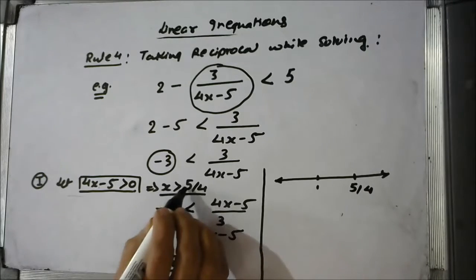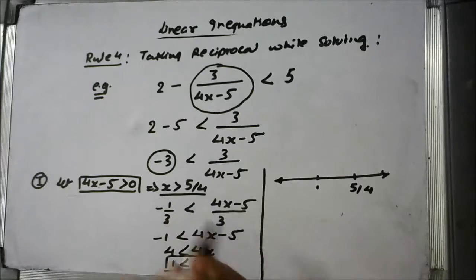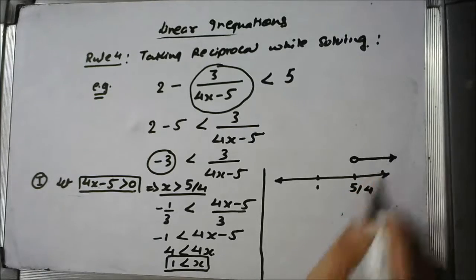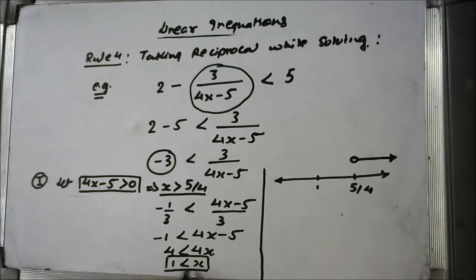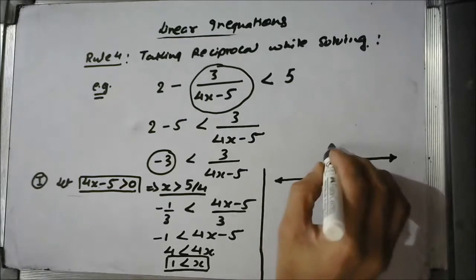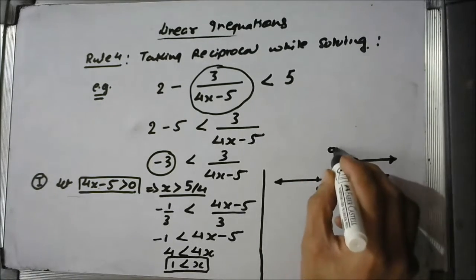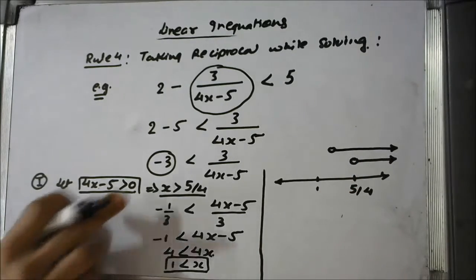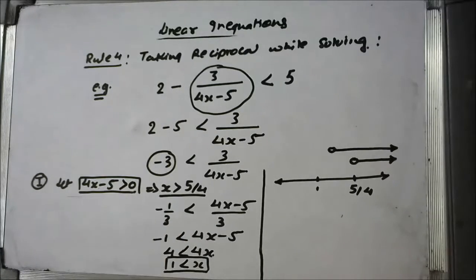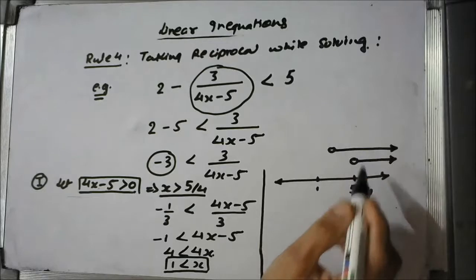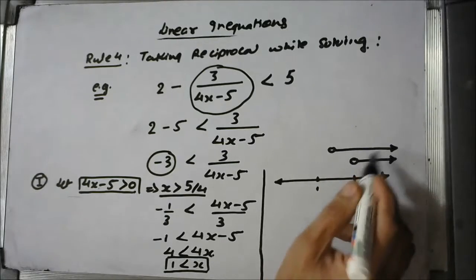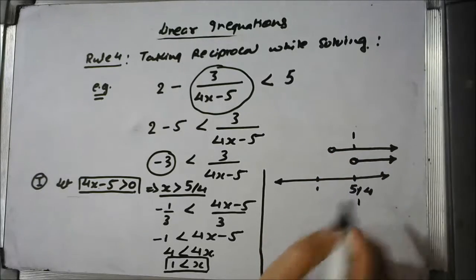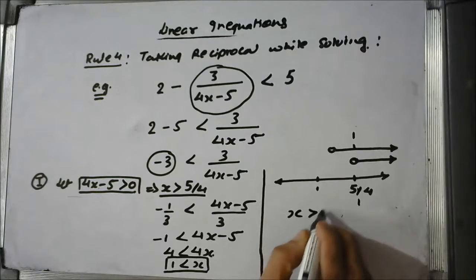So basic assumption in this case says x is greater than 5 by 4, which means this portion of the number line, and then inequality says x should also be greater than 1. Since I have to satisfy both the conditions simultaneously, I will identify that region of the number line where both the solutions are present, which is x greater than 5 by 4.